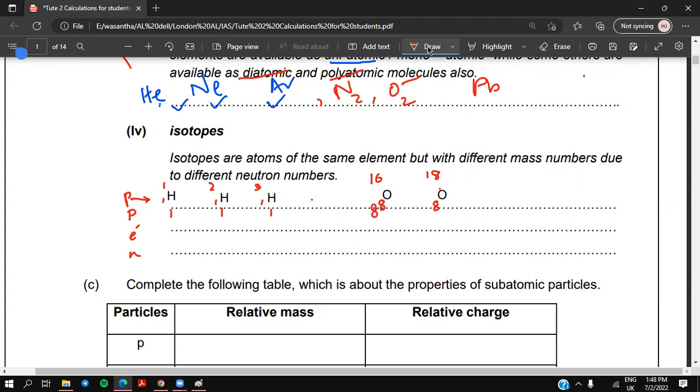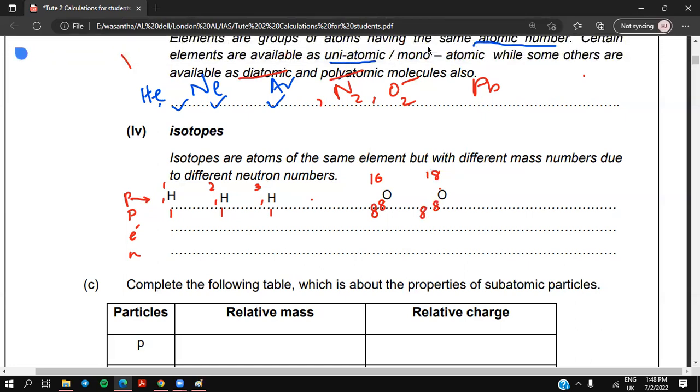Proton number of oxygen with mass number 18 is also having 8 protons. In addition, electrons. Electron number is always equal to the number of protons as well. So here we have 8 electrons, 8 electrons.